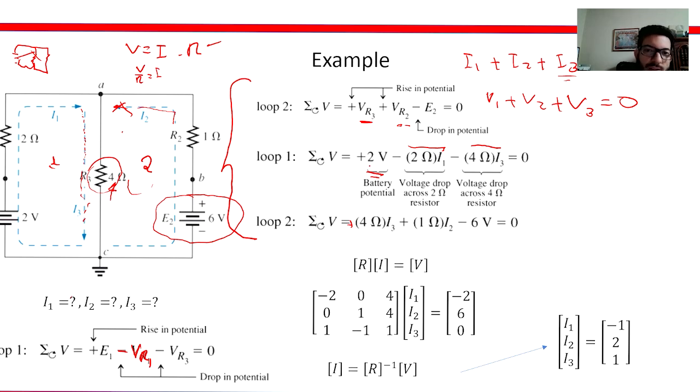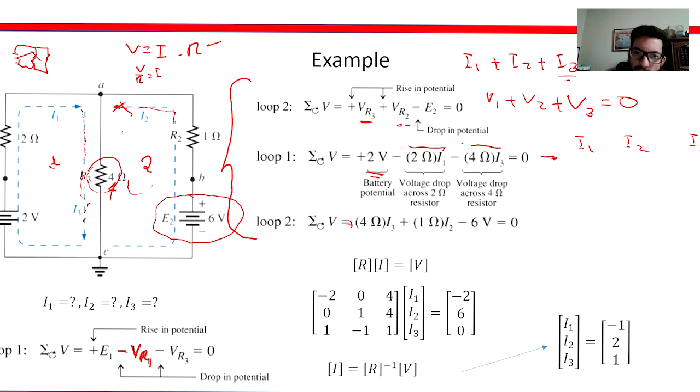I'm sure that you've seen this in algebra before, how to set this up as a system of equations. You have three currents, so you have three unknowns: I1, I2, and I3. In order to set up this equation, you simply find all the similar terms. First, let's put I1, I2, and I3 with the independent terms.